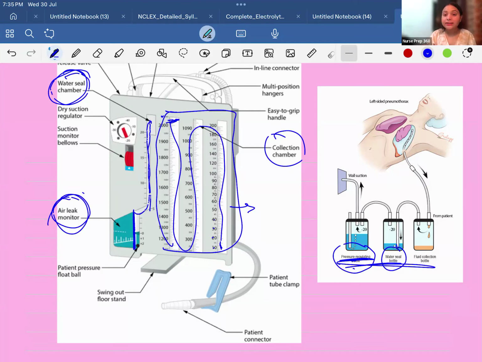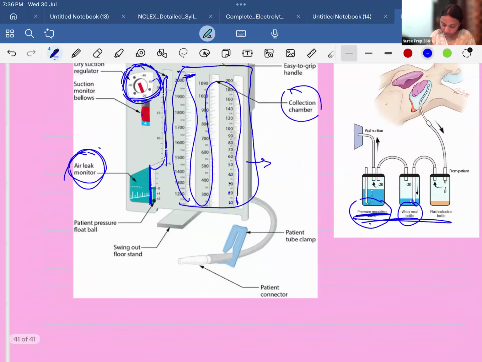a chest tube drainage system. Yes. Okay. And what is this? There are two types of suction, dry suction and wet suction. In dry suction, you have a dial from which we manage the suction. In wet suction, there is a column of fluid.